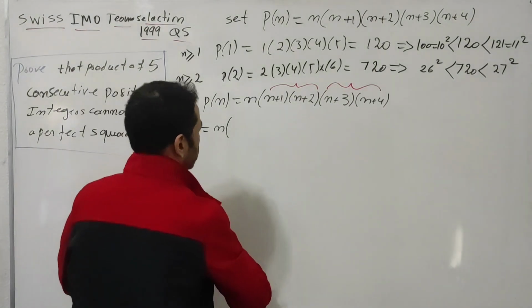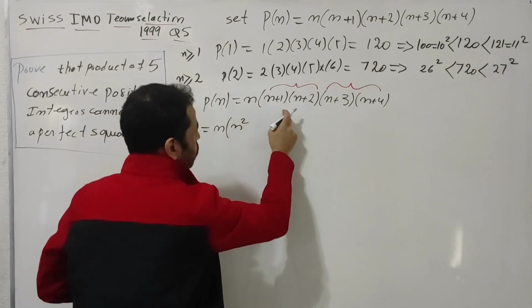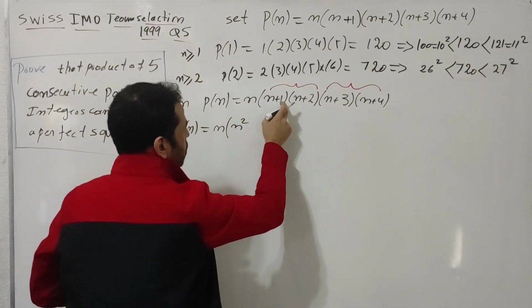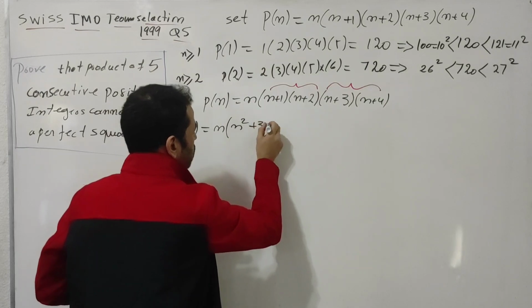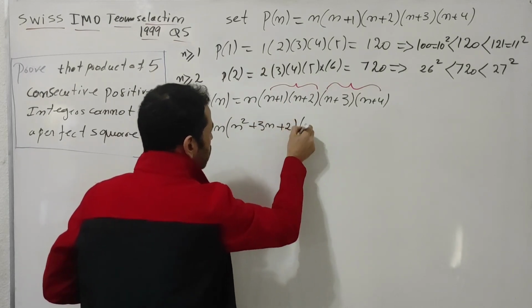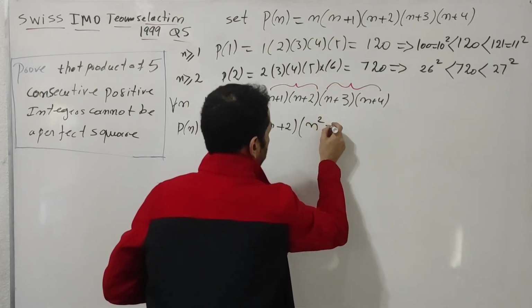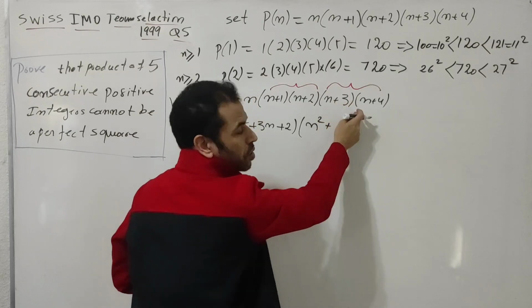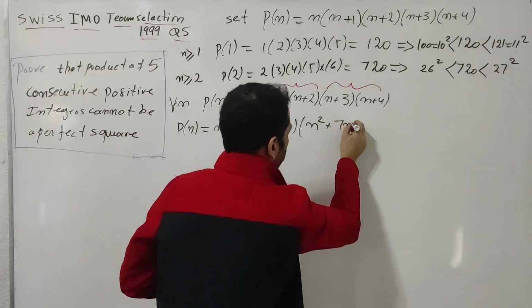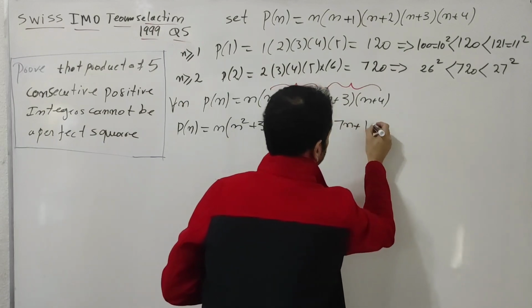For the first product, I have n squared, then n multiplied by 2 is 2n plus n, which is 3n, plus 2. For the second, n squared plus 4n plus 3n, which is 7n, plus the last term 3 multiplied by 4, which is 12.